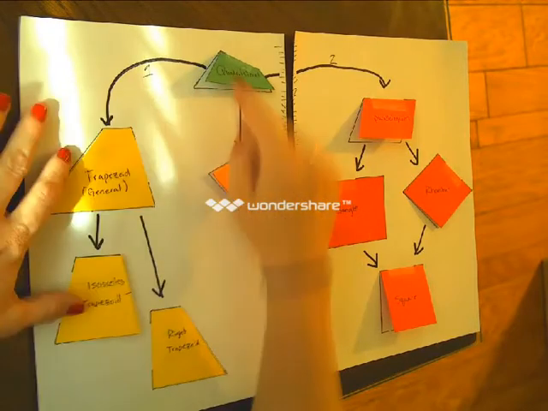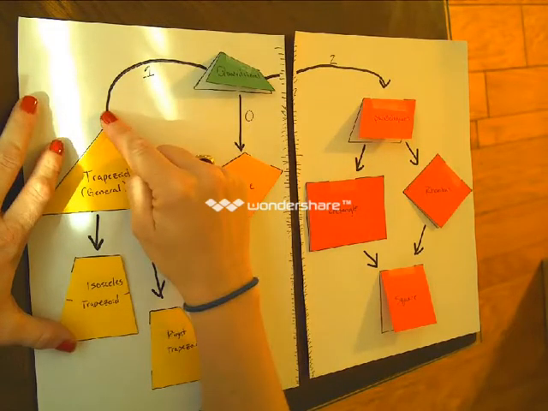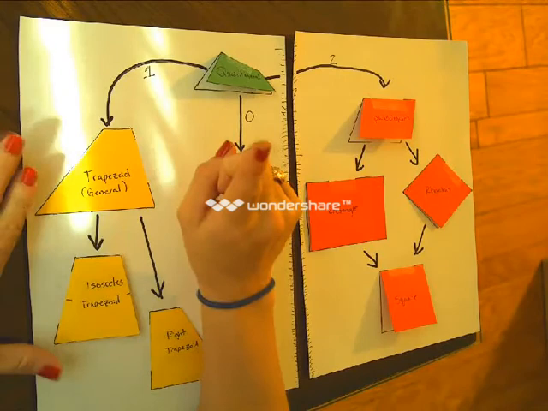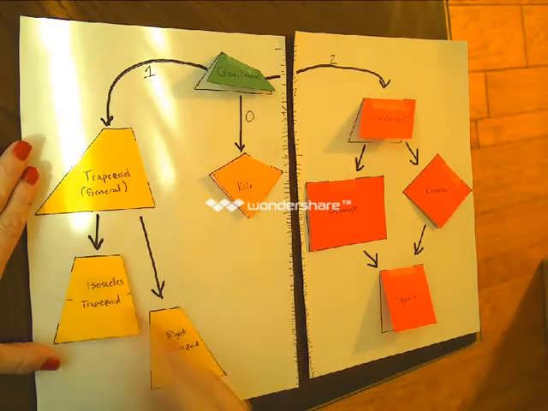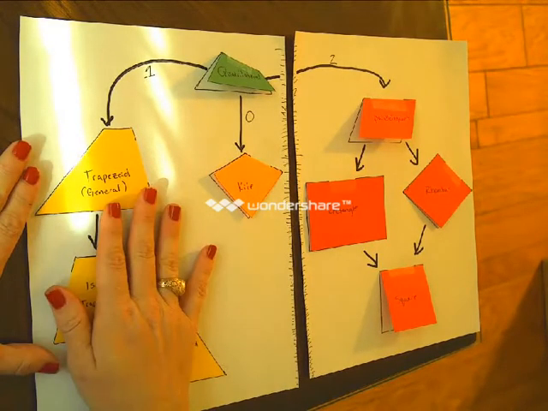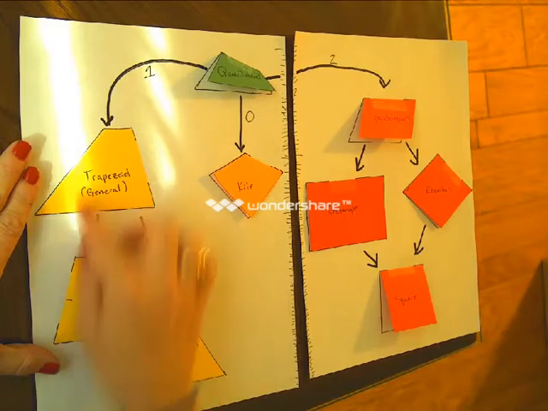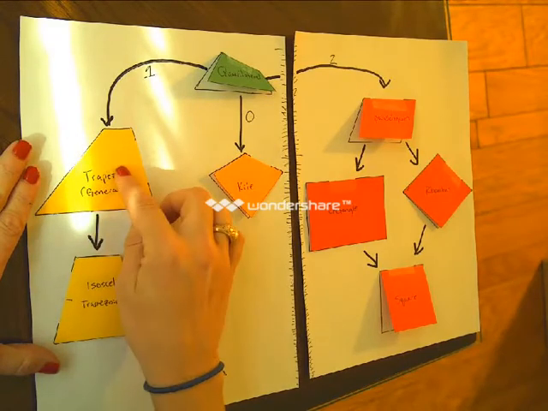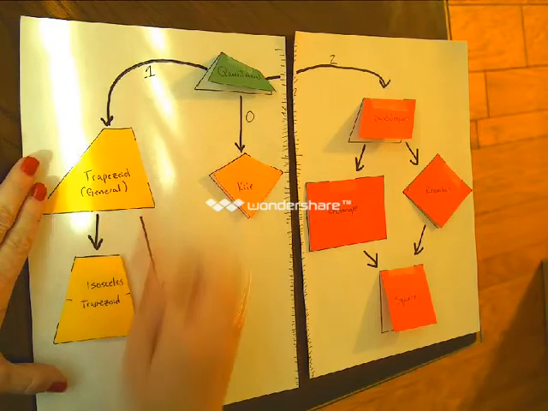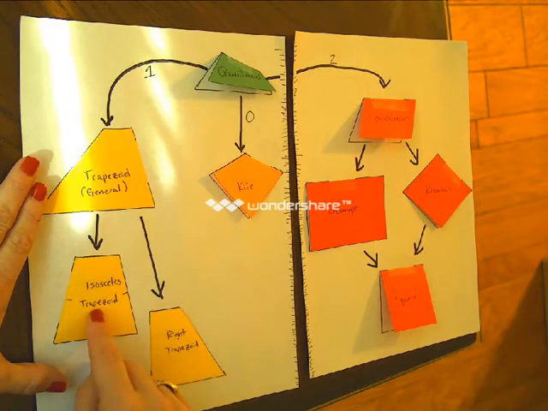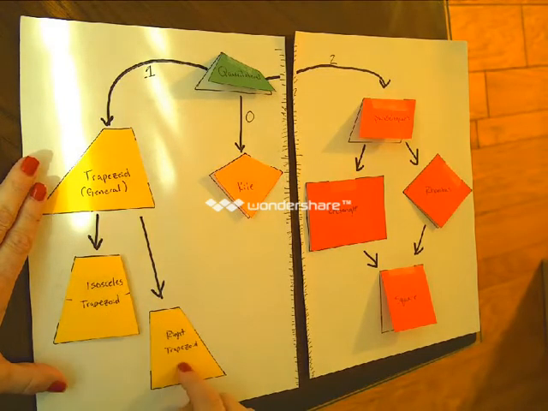This branch represents all the quadrilaterals that have 1 pair of parallel sides, and they are all called trapezoids. But the reason why there's 3 and not just 1 is because we have the general trapezoid, but then we have 2 special kinds of trapezoids. One that's called an isosceles trapezoid, and one that's called a right trapezoid.